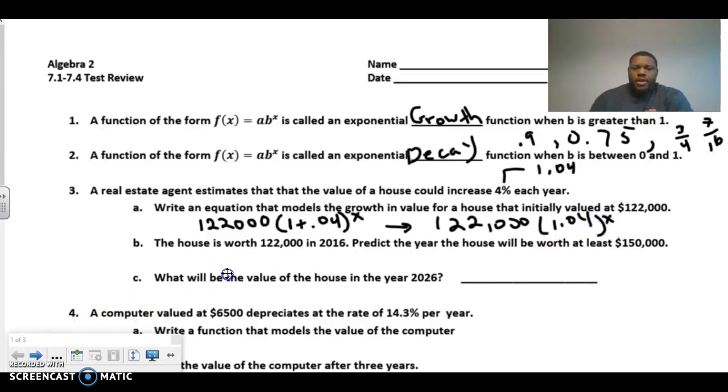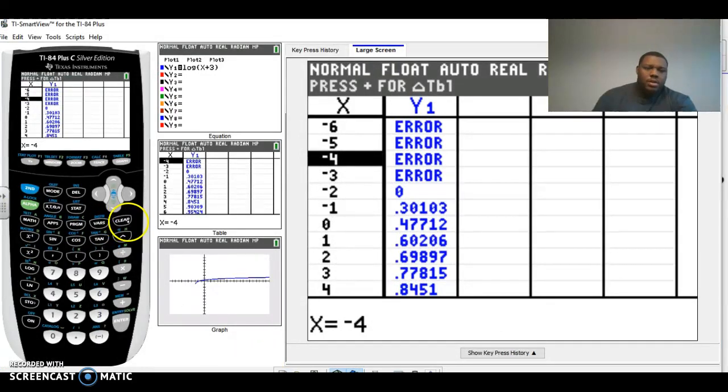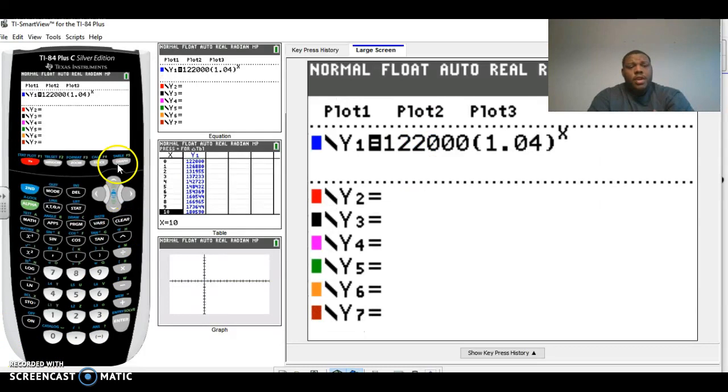The next part says the house is worth 122,000 in 2016. Predict the year that the house will be worth at least 150,000. So what I want to do here is bring up the calculator, guys. You take your calculator and graph your function, 122,000 times 1.04 to the power of x.